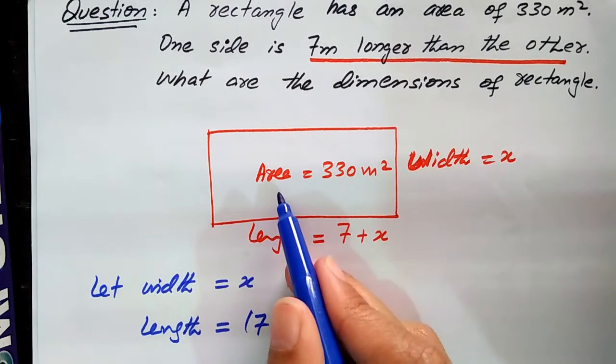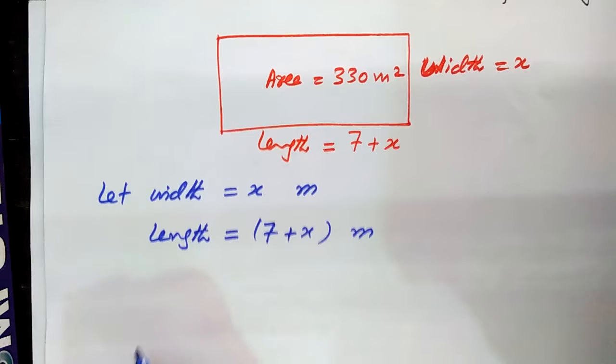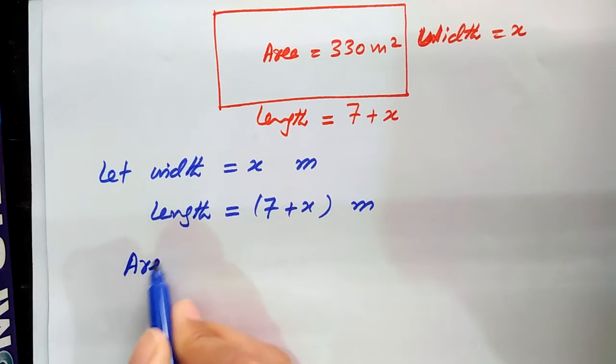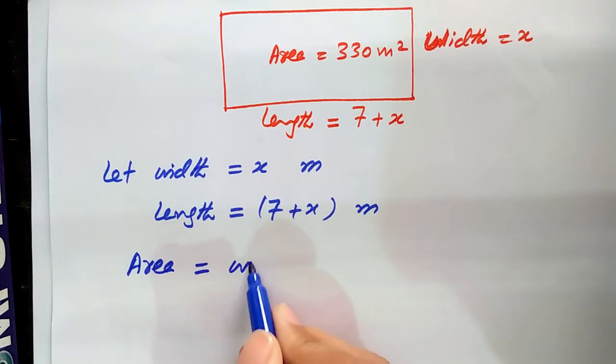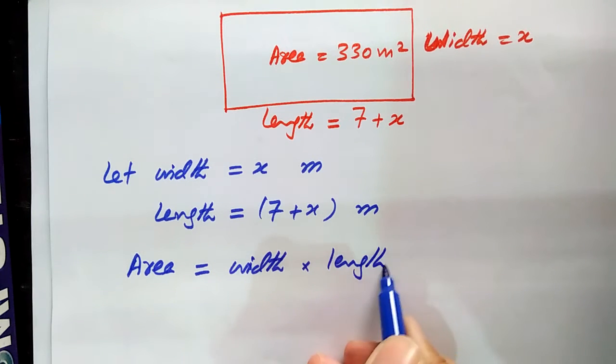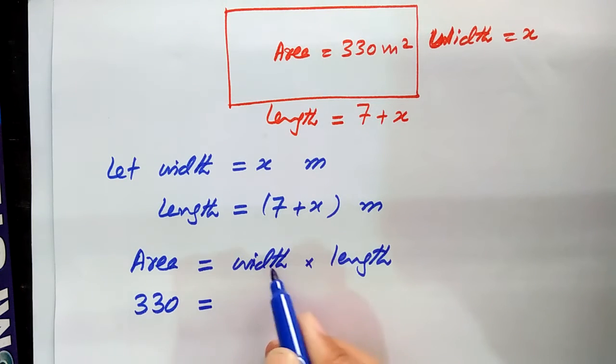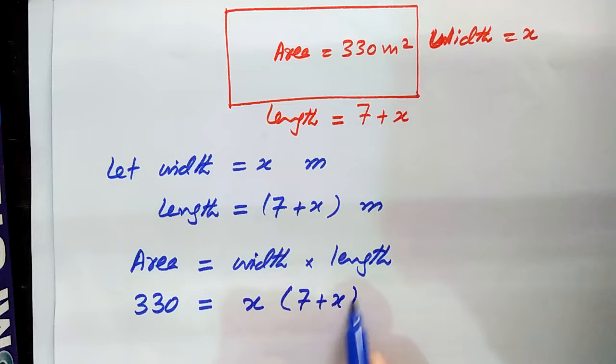Now it is also given that area is equal to 330 meters square. So using the formula, area is equal to width multiplied by length, or length multiplied by width. Now what is the value for area? The value for area is 330, and width is x and length is 7 plus x.